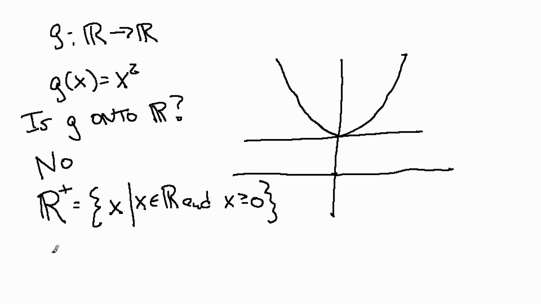And now I could say, well, why don't I define G this way? And I ask, why don't we give this a different name? We'll call it G prime. And the question is, is G prime onto? And the answer to this is yes. Okay? But we can see over here it's not onto R.